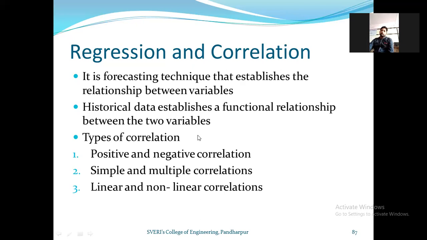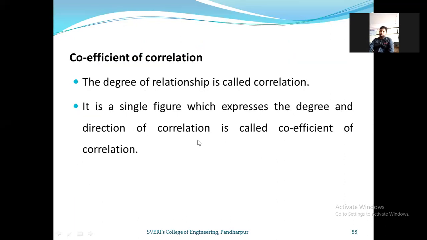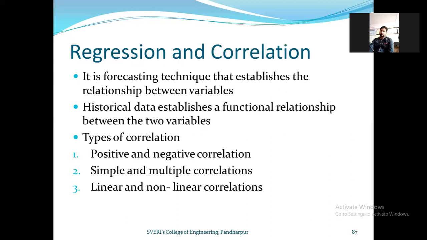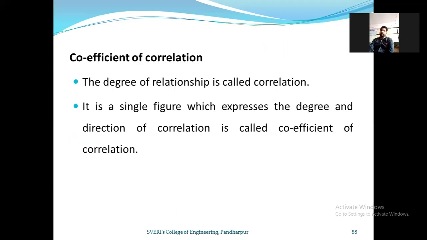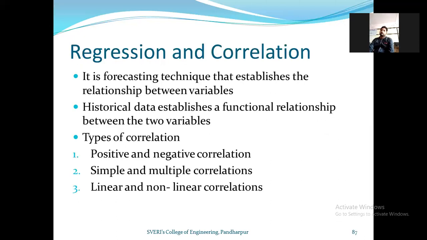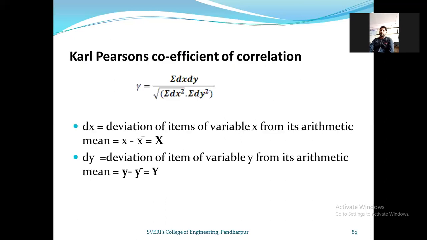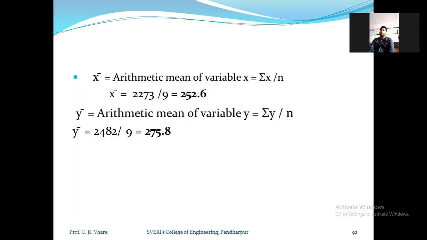Whether you understood causal forecasting and regression and correlation, one of the types of causal forecasting. Okay. So another part is the coefficient of correlation, that we will take in the next lecture, and Karl Pearson's coefficient and problems on that.